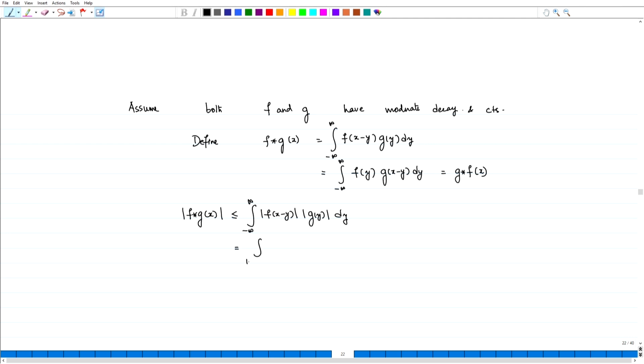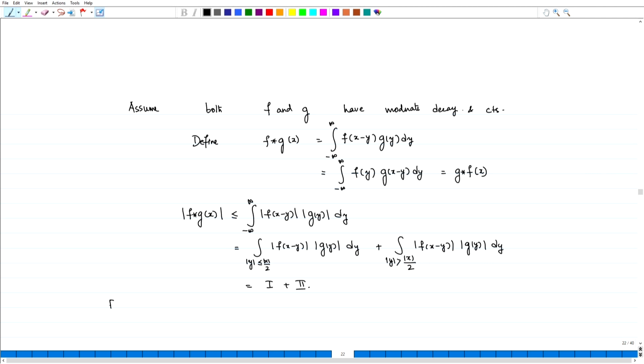The first is the integral over mod y less than or equal to mod x by 2 of mod f of x minus y, mod g of y dy, plus the integral over mod y greater than mod x by 2 of mod f of x minus y, mod g of y dy. Let us name them 1 plus 2.